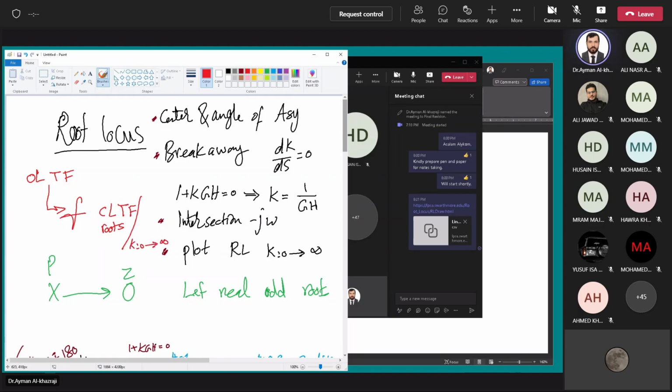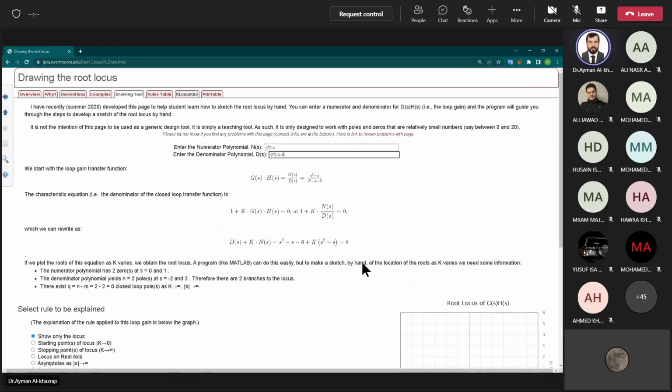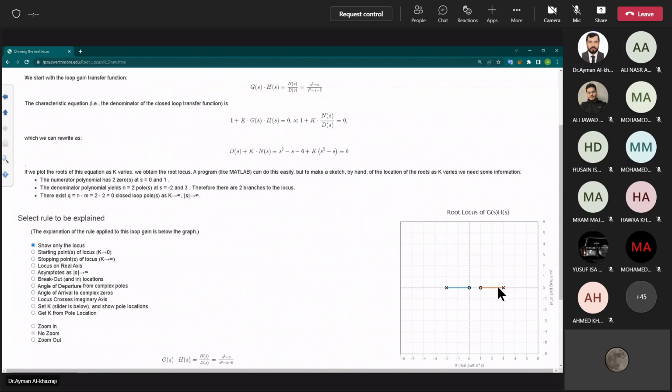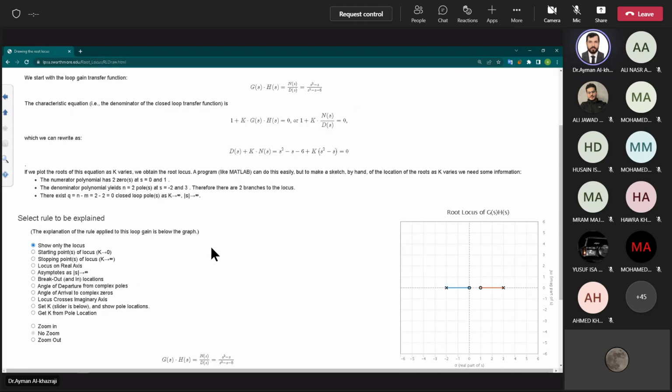Because look here, when you plot, come to this transfer function, this is the open loop. But this will show us the roots of the closed loop. So when we take the system, we take the roots of GH, which are open loop, but only in stability, in intersection with the imaginary axis, we take 1 plus KGH.